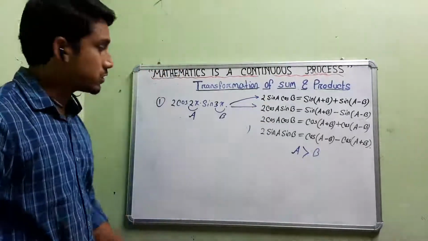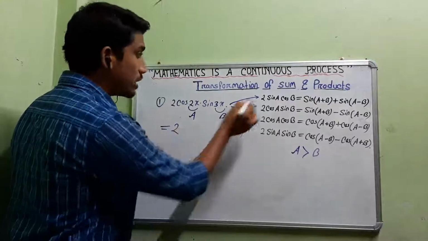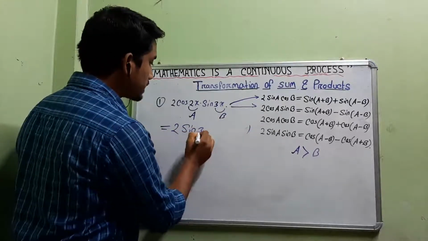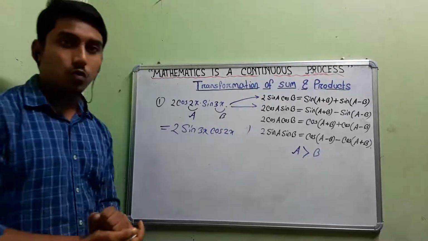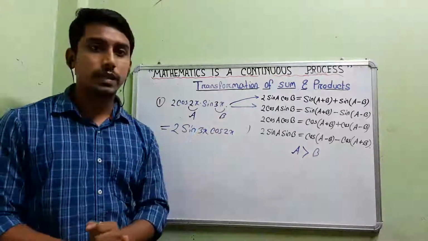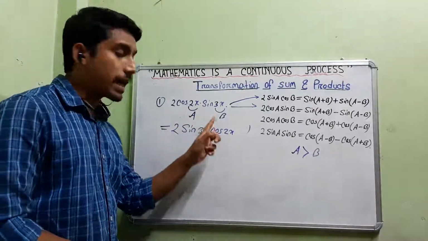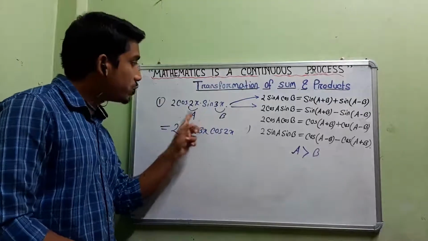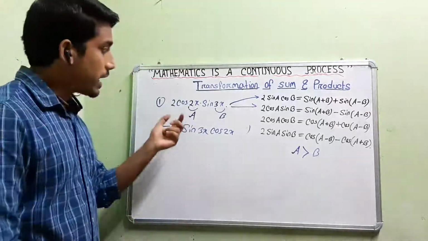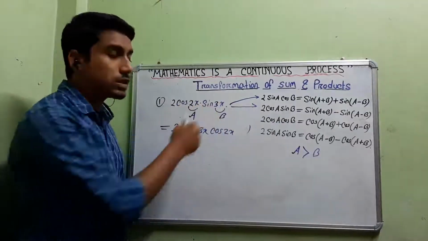We need to rearrange the given question. How? We will write sin 3x, that one is greater here, into cos 2x. Then we will use the first formula. That is the difference between the first formula and the second formula. So you see when to use this one. Always A should be greater than B. If it is given in this way, then we can't use the second one.